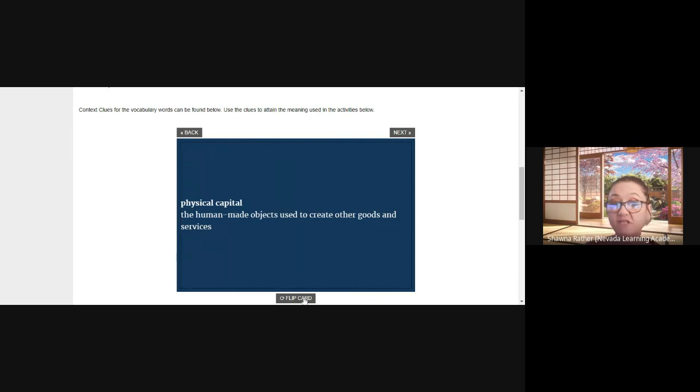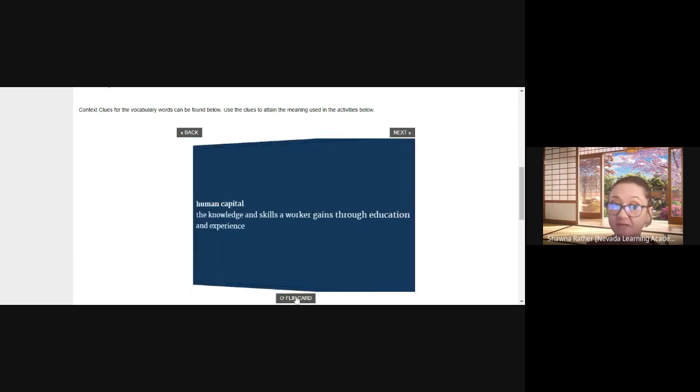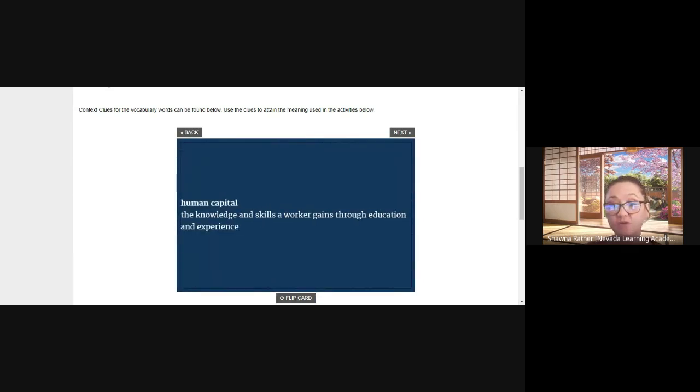Physical capital, the human-made objects used to create other goods and services. Human capital, the knowledge and skills a worker gains through education and experience. A trade-off, the act of giving up one benefit in order to gain another greater benefit. Opportunity cost, the most desirable alternative given up as a result of the decision.